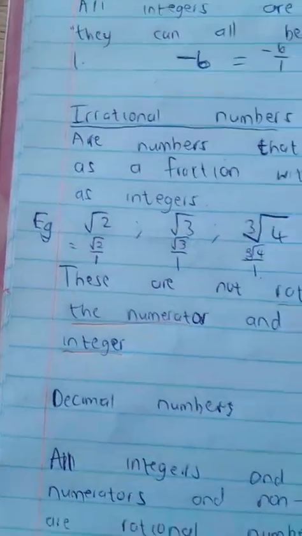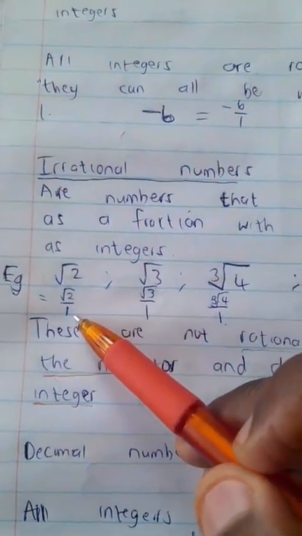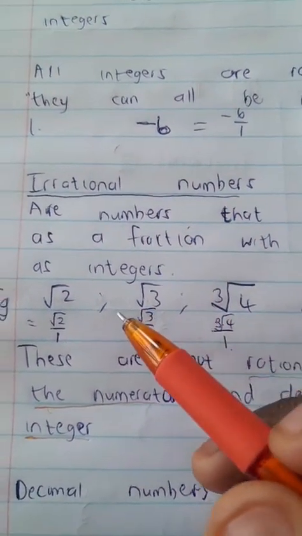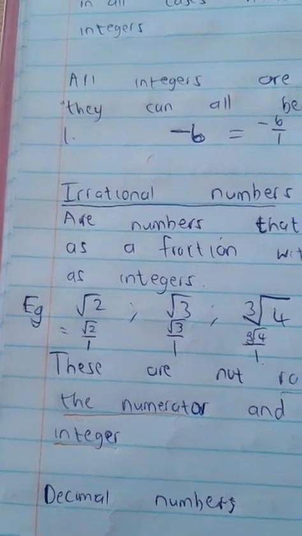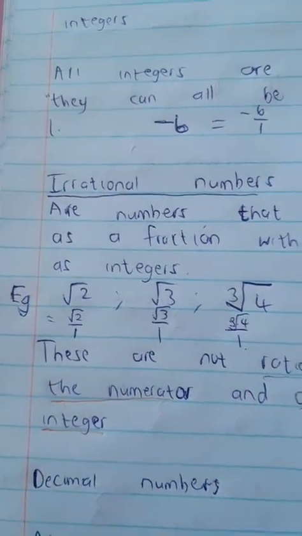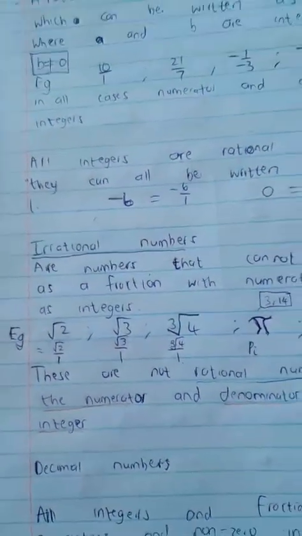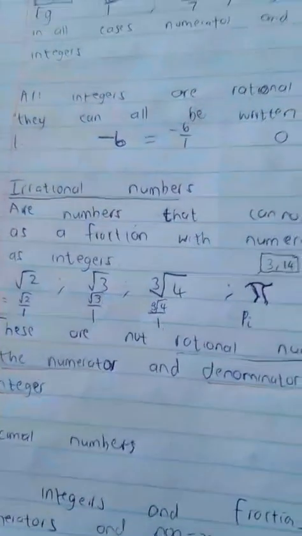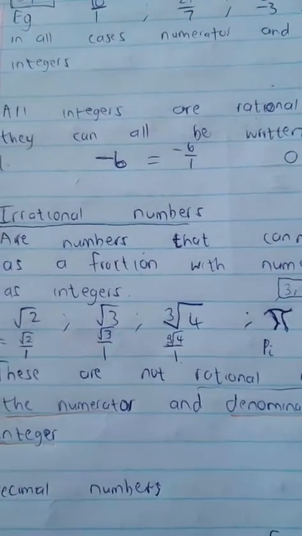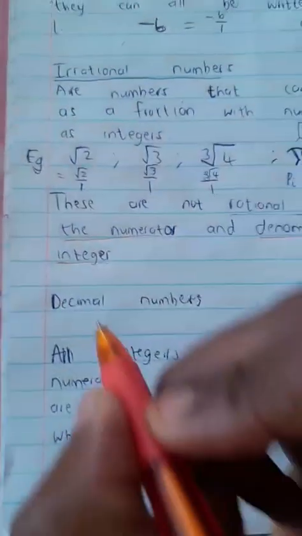Remember that in order for these to qualify as rational numbers, both the numerator and the denominator need to be integers. But we are finding that one of them does not qualify as an integer, and that is why we disqualify them as rational numbers and we call them irrational. So they don't qualify as rational numbers because the numerator and the denominator are not both integers. Okay, let's move on.